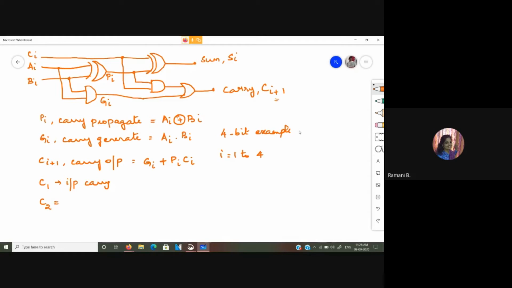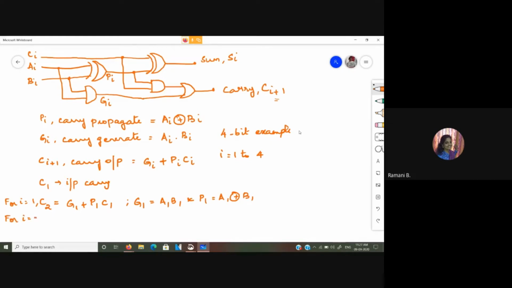For i equal to 1, C2 is equal to G1 plus P1 C1, where you already have G1 as A1 B1 and P1 as A1 XORed with B1.